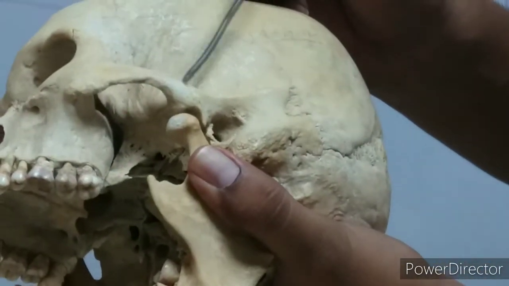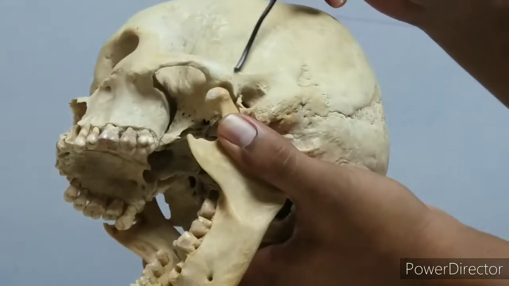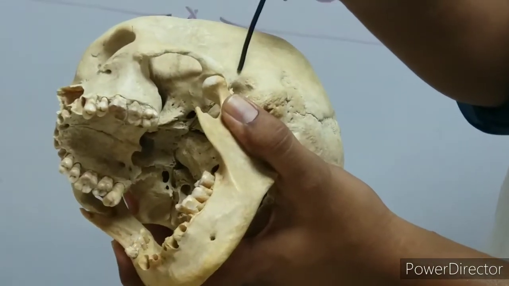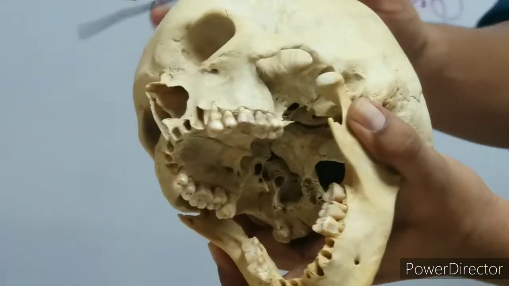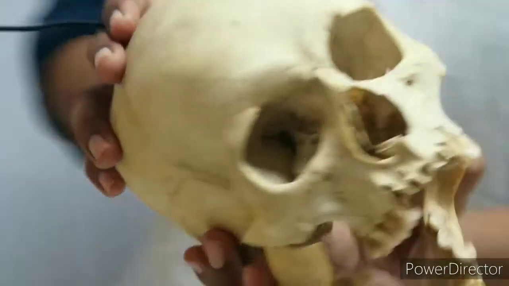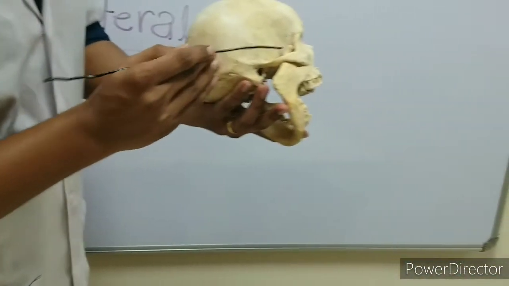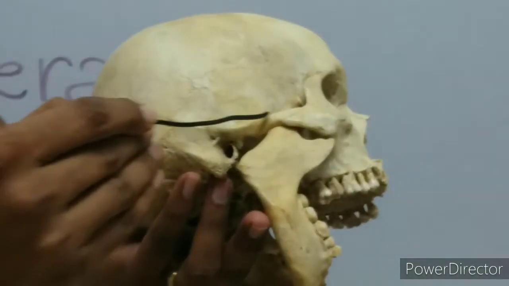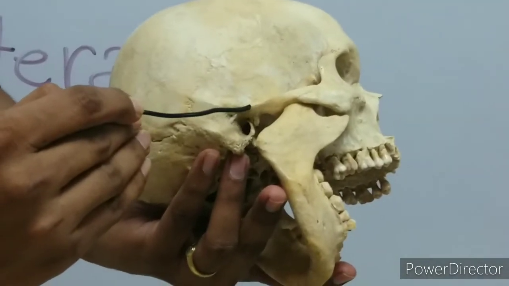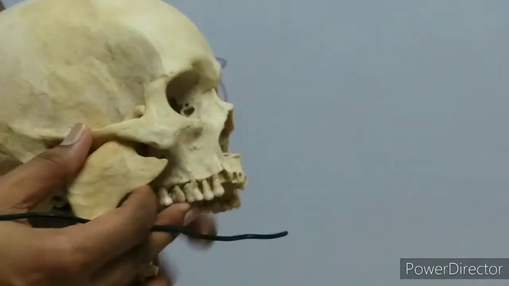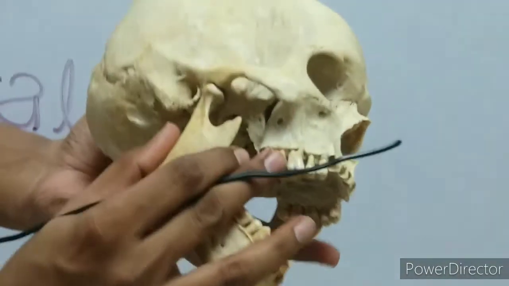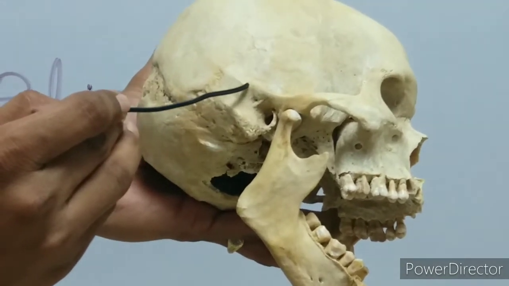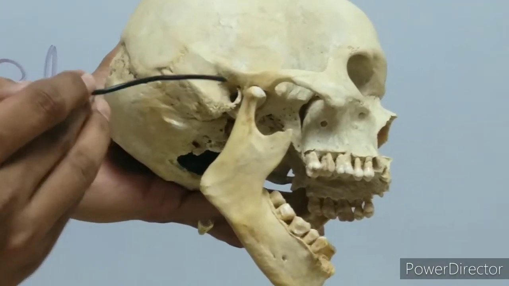Now this posterior root is continuous with the supramastoid crest. Here also you can see, from this side, the posterior root, or the upper border, which is continuous with the supramastoid crest, and this is the inferior temporal line.